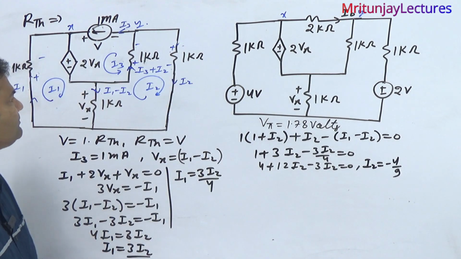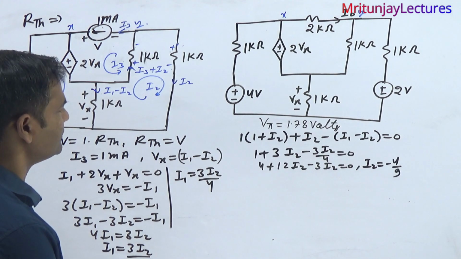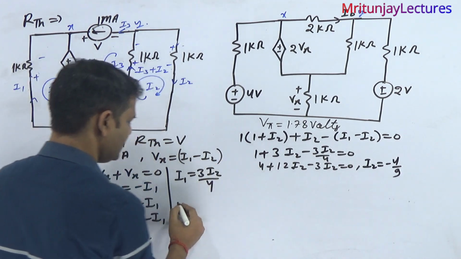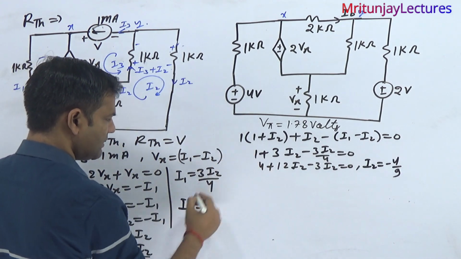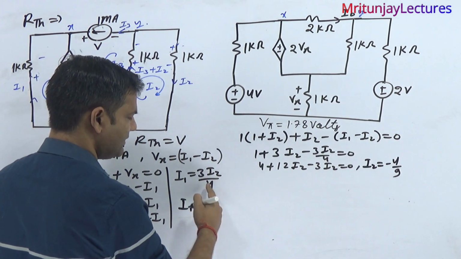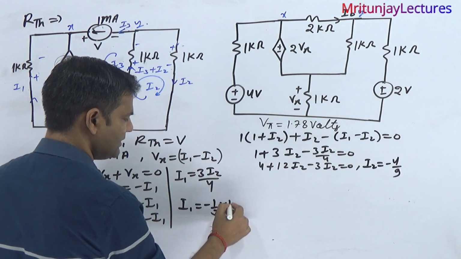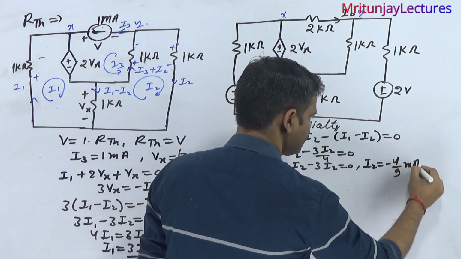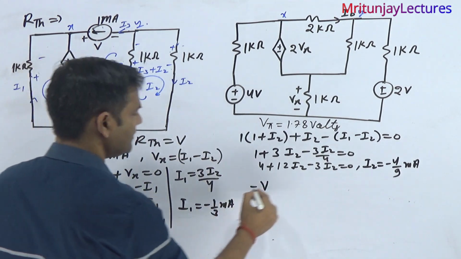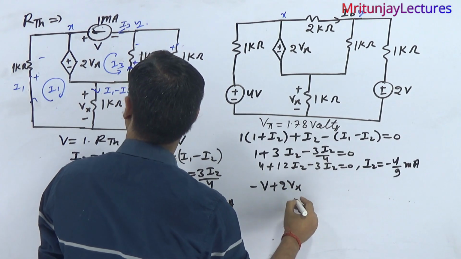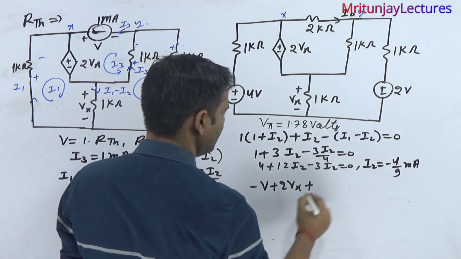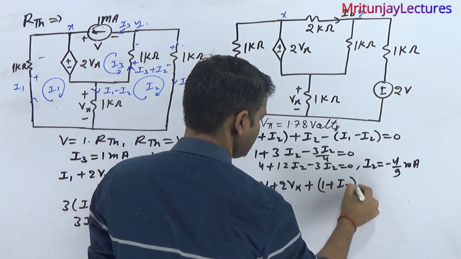Now next target, we got I2. I2 is minus 4 by 9. If this value is put here, then we get I1 also. If you put minus 4 by 9 here, that is minus 1 by 3 milliampere. Now apply KVL in this loop. Minus V plus 2Vx plus I3 1 plus I2 will be equal to 0.